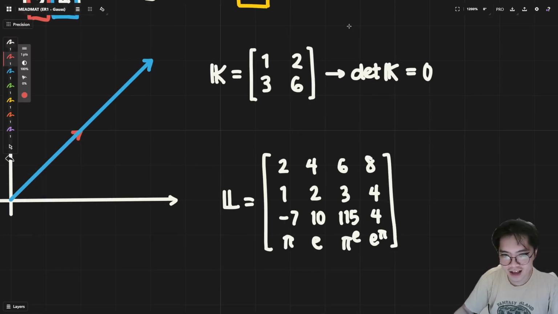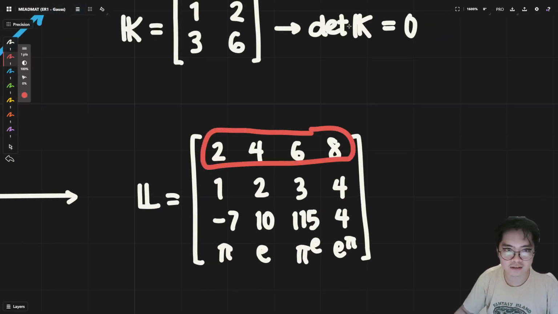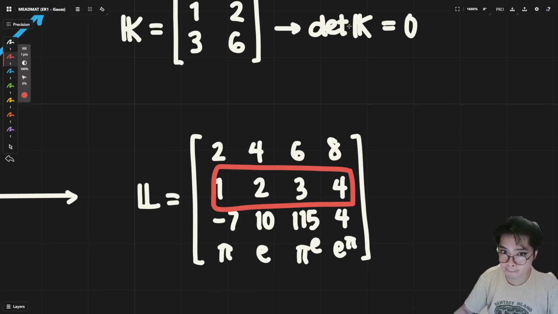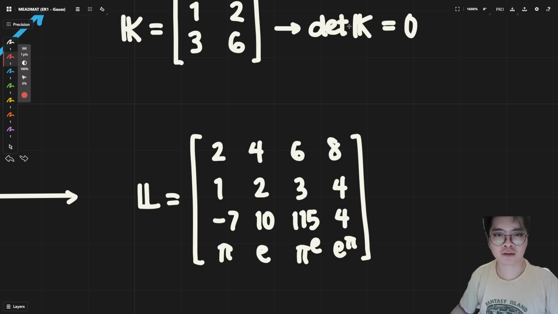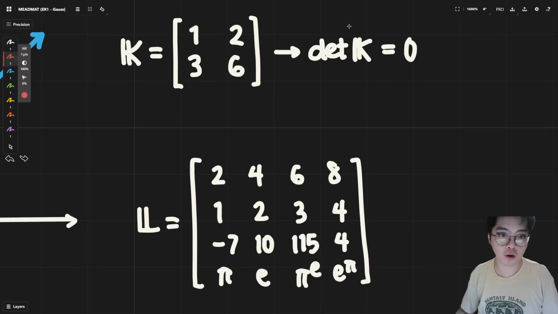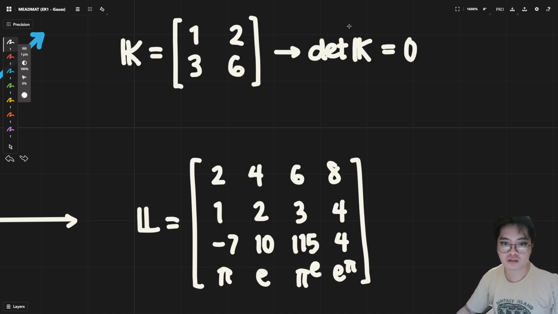Why do I not care about these last 8 values? Because look at this: 2, 4, 6, 8 and 1, 2, 3, 4. They're not the same, but you can factor them out. There is a common factor here of 2, and whenever you detect something like that going on, that is a cause for you to say that the determinant for this matrix is 0.